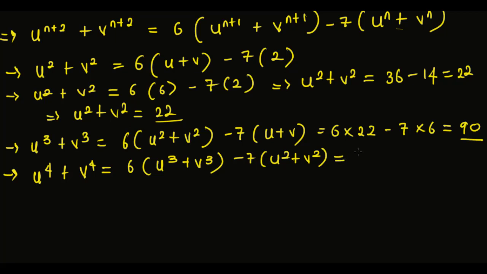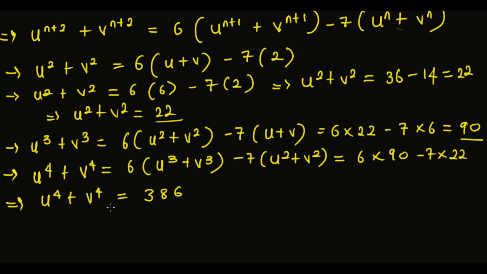So this is equal to 6 times 90 minus 7 times 22, which implies that u^4 plus v raised power 4 is equal to 386. Again, you can try that using a calculator and you should get 386.